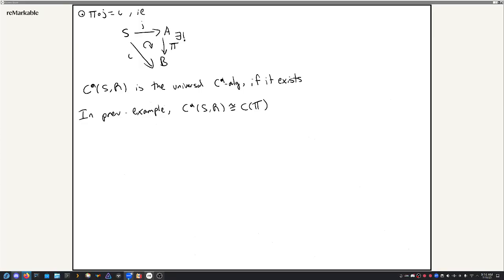But here's the theorem that resolves this. Say we have some generators and relations.